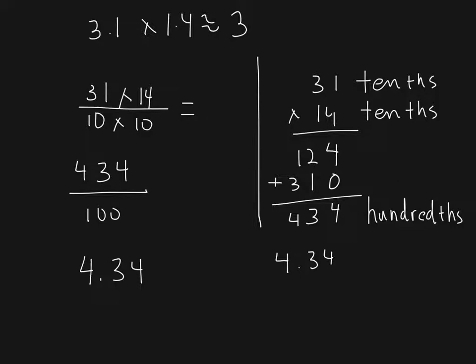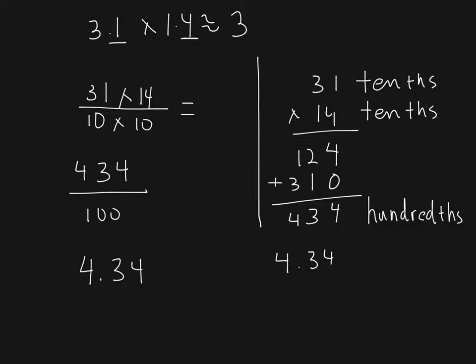Now you may have noticed as we were doing these problems that the key to getting everything right, despite the fact that we're using decimals, is looking at the numbers to the right of the decimal. You can use those numbers to figure out where your decimal is going to be placed.